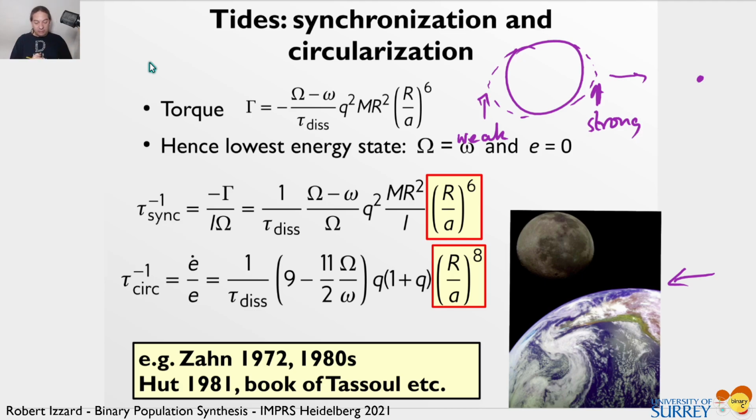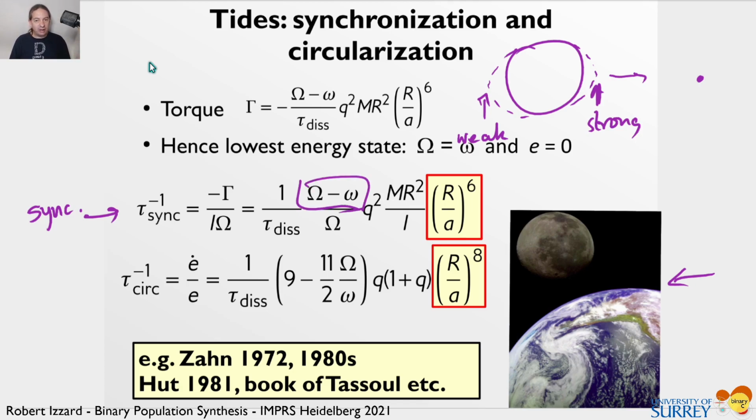Now what the tides do is they synchronize the rotation rates of the 2 objects. So in this case, binary stars, the 2 stars will want to be synchronized with the orbit. So what happens is that the rate of spin of the star will then be the same as the orbital spin rate. And you can see that here because you've got this term here in the derivative for the rate of change of the spin.